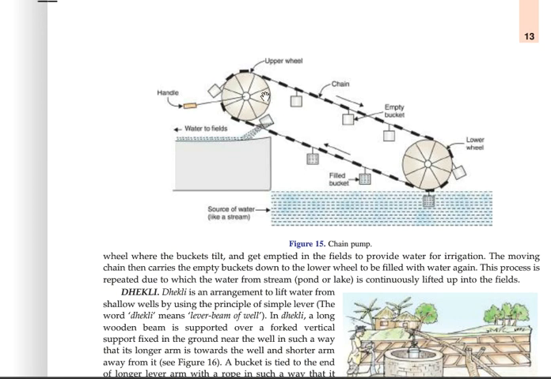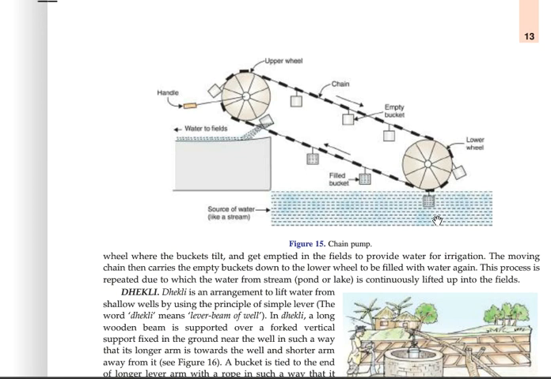This is the upper wheel and this is the lower wheel. By combining these wheels, water is drawn out from a source of water for irrigation purposes. It is also a time consuming and tedious method and it is applicable for a small area of land for cultivation.